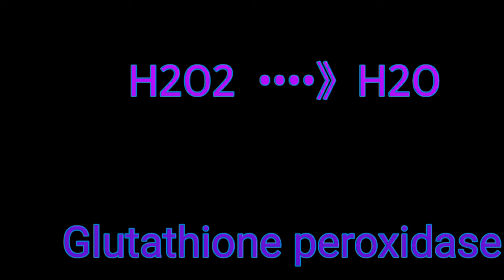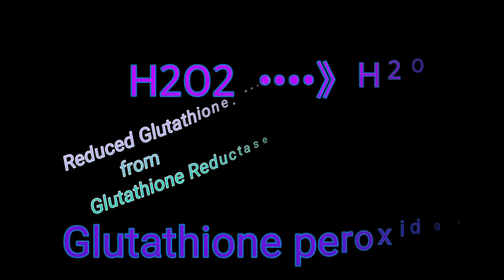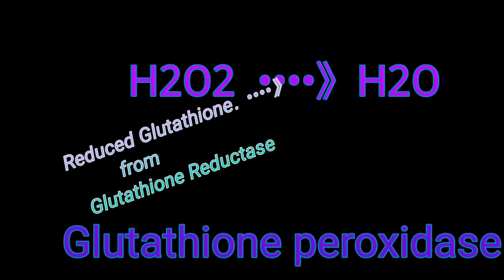Detoxification of hydrogen peroxide in red blood cells is an important protective mechanism for red blood cells to prevent oxidative damage caused by hydrogen peroxide.